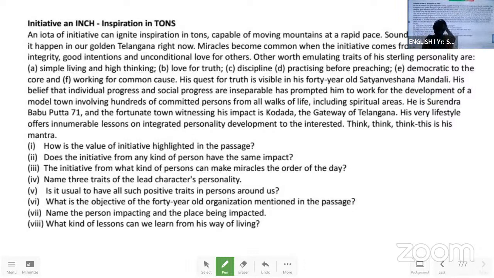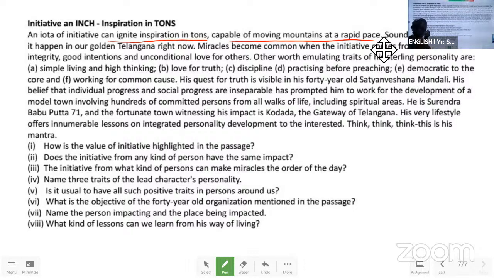It can ignite inspiration in tons capable of moving mountains at a rapid pace. Okay? How can it be highlighted? It can ignite inspiration in tons capable of moving mountains at a rapid pace.